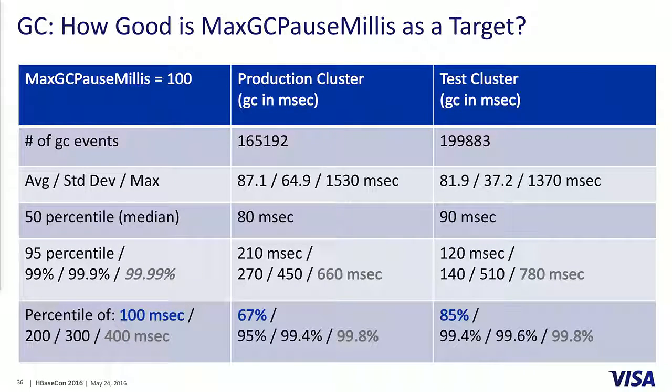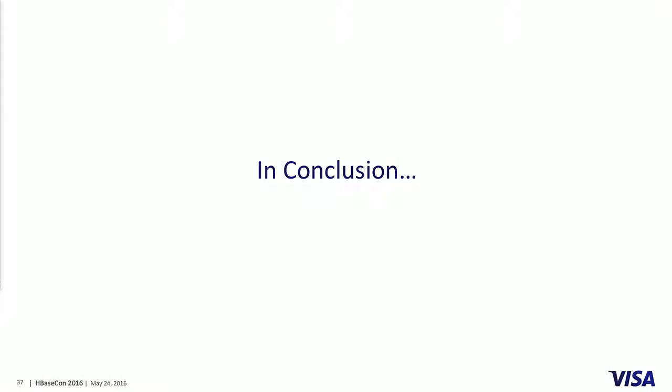That tells you that your application needs to deal with it when, once in a blue moon, garbage collection does take hundreds of milliseconds, okay? And the good news is, in general, at 4 times the target, we were able to get to the 99.98 percentile. So that is pretty much it for the lessons.